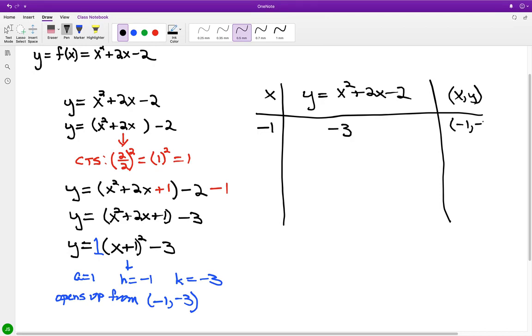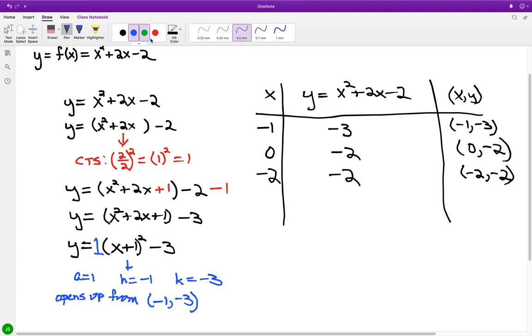Again, we had the vertex negative 1, negative 3. And if I move to the right and to the left, whenever x is 0, y is going to be 0 plus 0 minus 2. And if I go one space to the left, this is going to be level. So I have negative 2, negative 2.